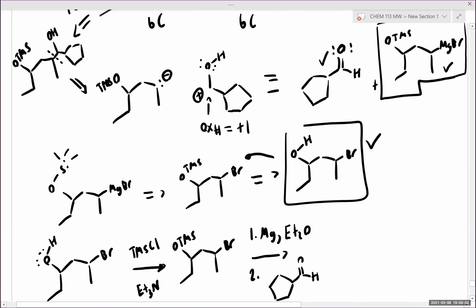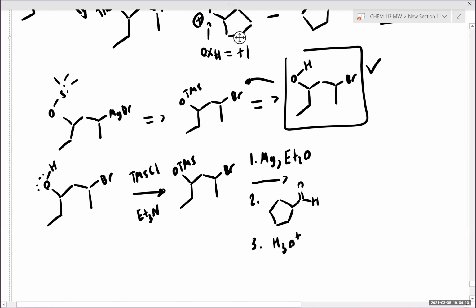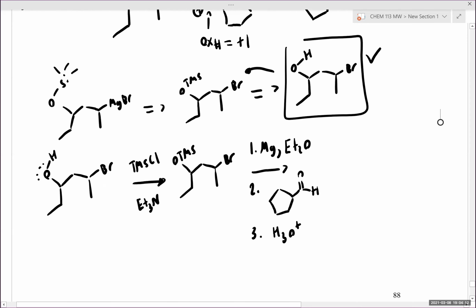Okay. And just as a final note, at the end of our reaction, we need to quench our Grignard and quench the alkoxide generated from this Grignard addition. Okay, so that gives us the following product.